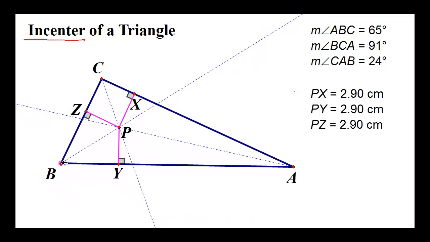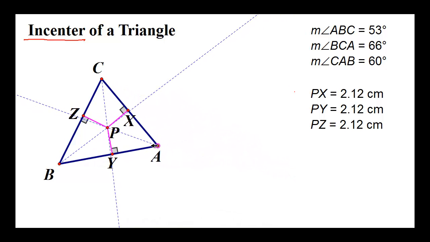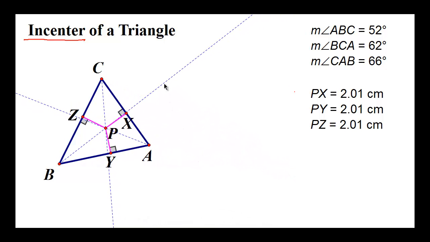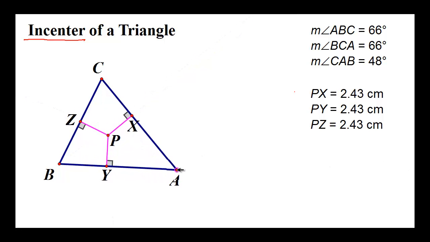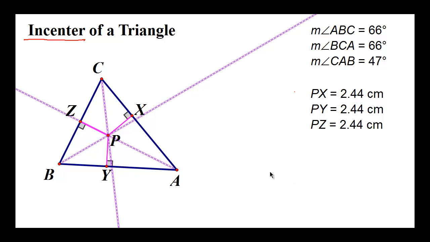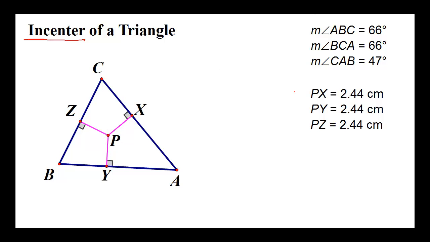So what's the point of all this? Why are we doing all this? I want to get rid of the angle bisectors, and I want you to see that in any triangle, when you have the intersection of the angle bisectors, which is what we have there, even though we may not see it all the time, it's there.